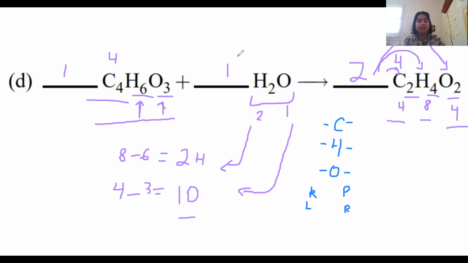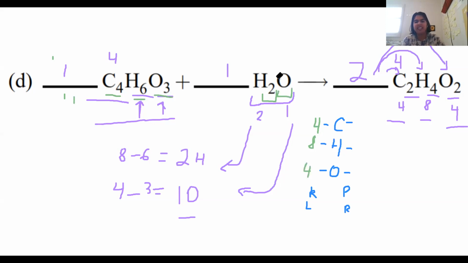So let's see what we got. I see 4 times 1, right, times that 1, is equal to 4. I see 6 times 1 plus this 2 over here. So 6 plus 2 is equal to 8. And 3 times 1 plus this one right here is equal to 4.